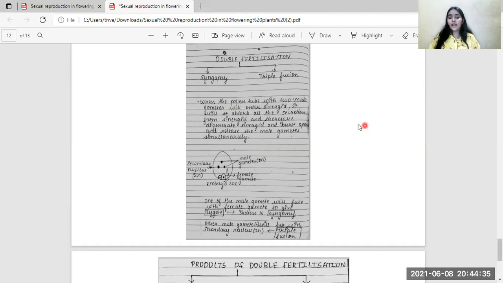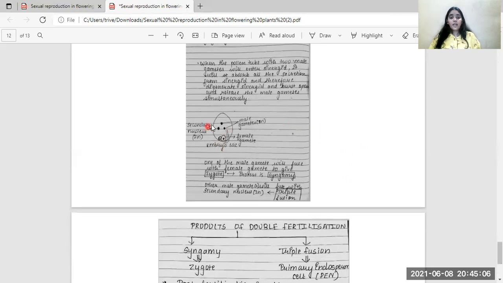When it does that, it absorbs all the secretion from the synergid, and the synergid degenerates and the pollen tube bursts open, releasing the male gametes. Both of them happen at the same time.